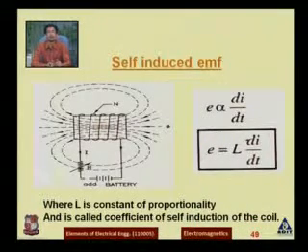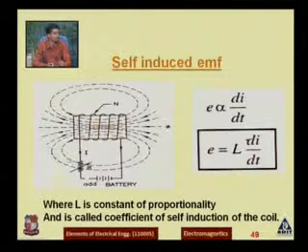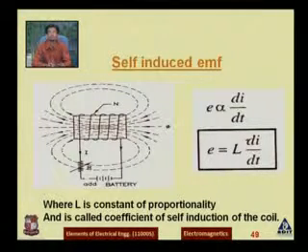This one is the coil, having n number of turns, and it is connected with a battery and one rheostat. Whenever I give the supply through the battery, a flux will be developed in the coil. This is shown by this phi.